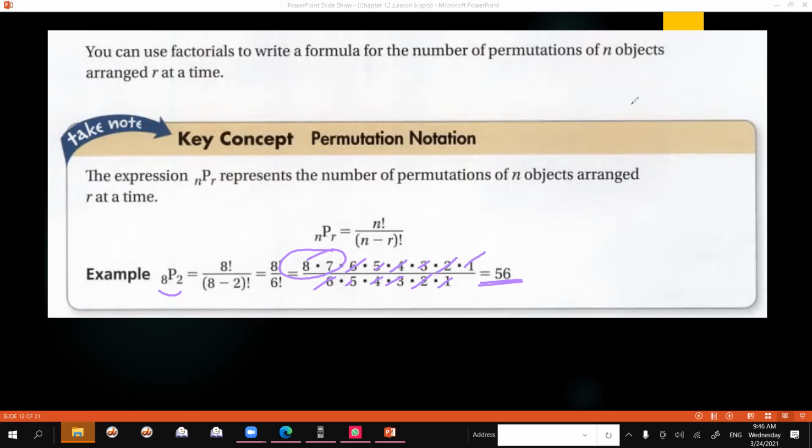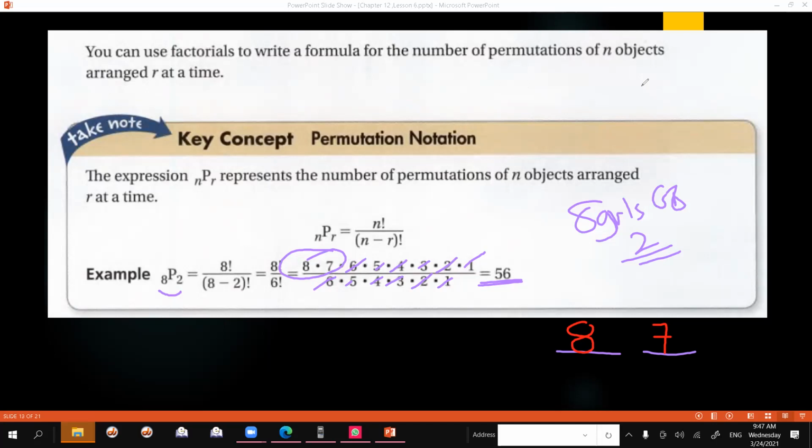Here, we have 8 girls in grade 8, and I want to choose 2 of them only, not all of them. All of them, you have to say 8 factorial. I tell you that I want to choose the first 2 girls. So when I come to the class, I have 8 choices. Then when I choose one of the girls, I have 7 choices now.